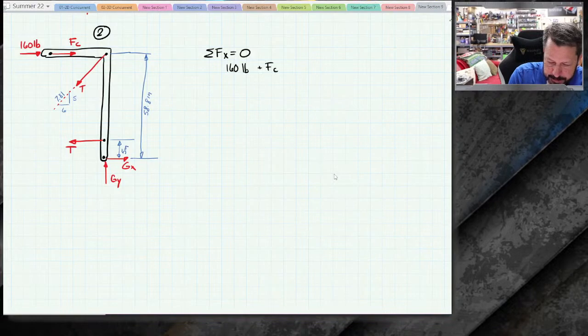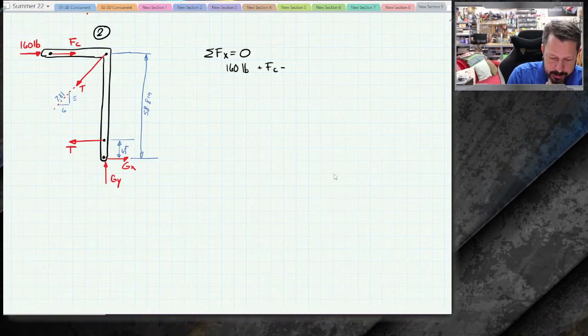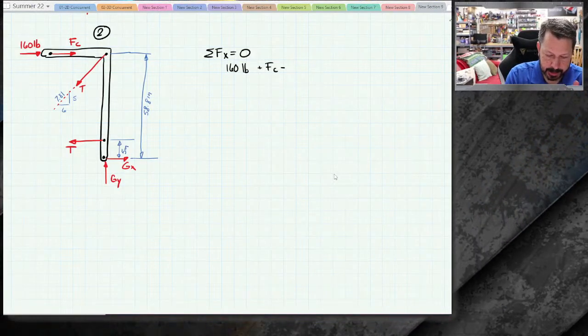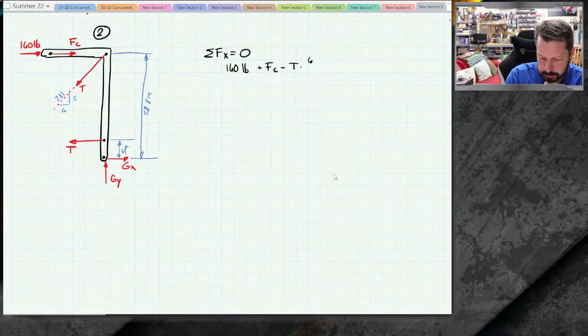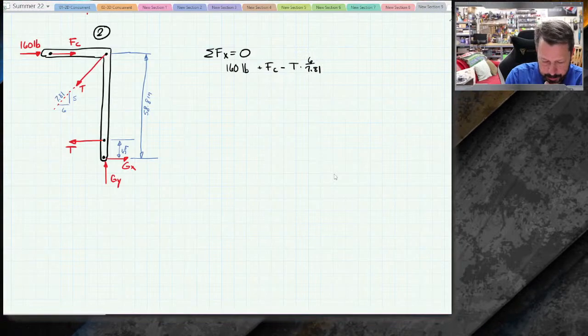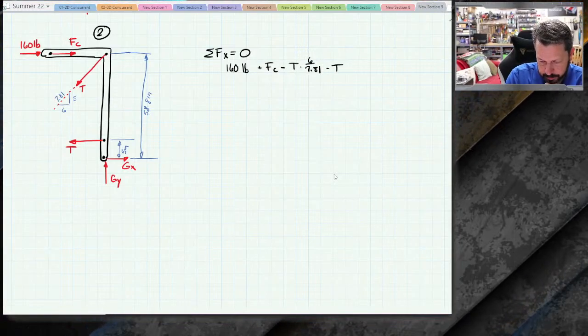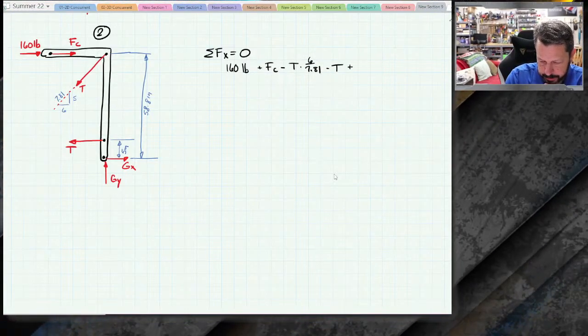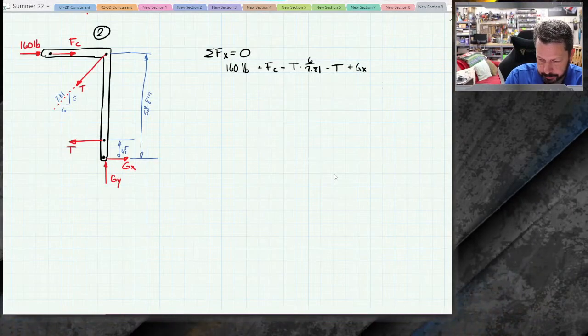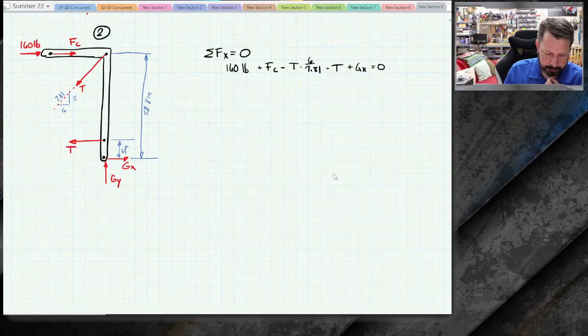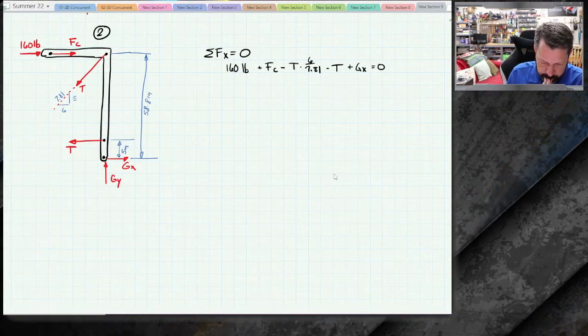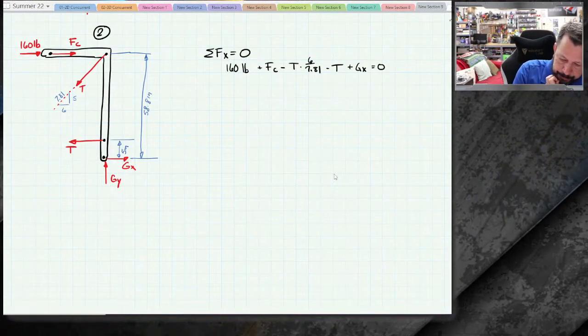Plus FC minus the x component of this angled tension. So minus T times 6 over 7.81 minus another T plus GX equals 0. So I think that's all correct. Yeah, I think that looks right.